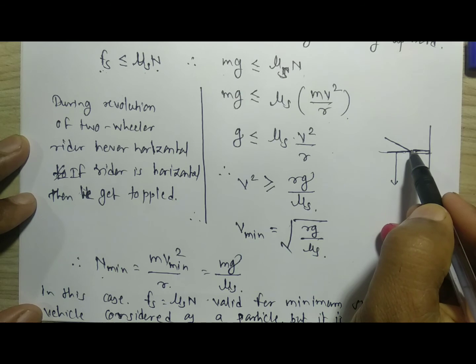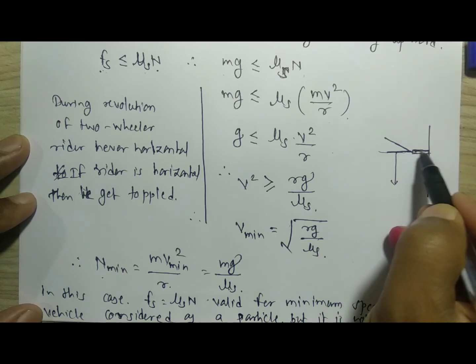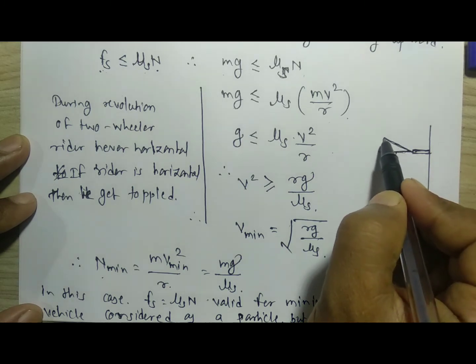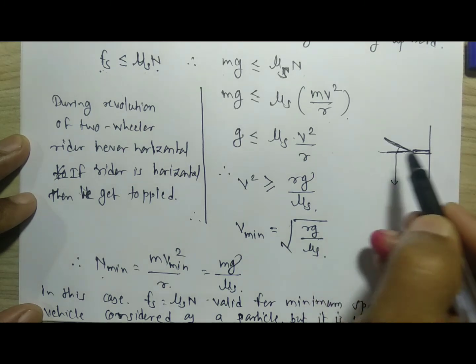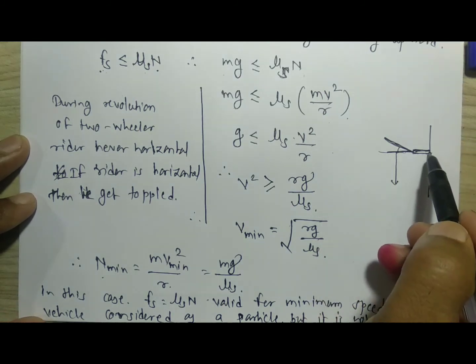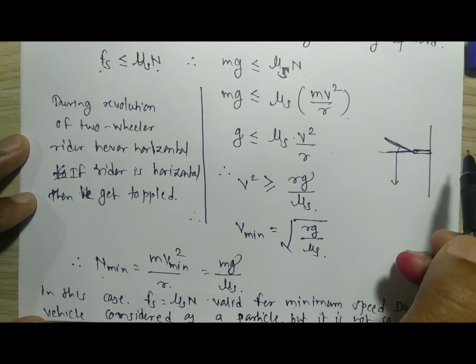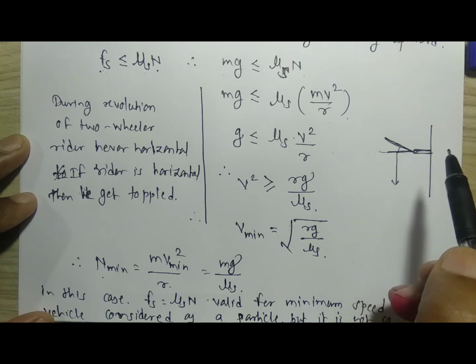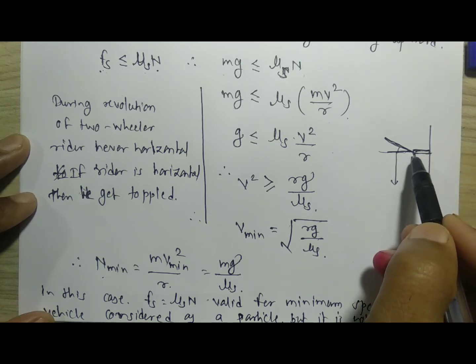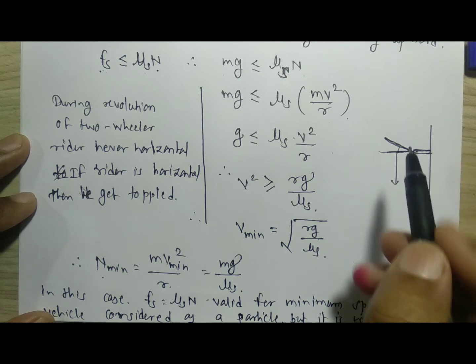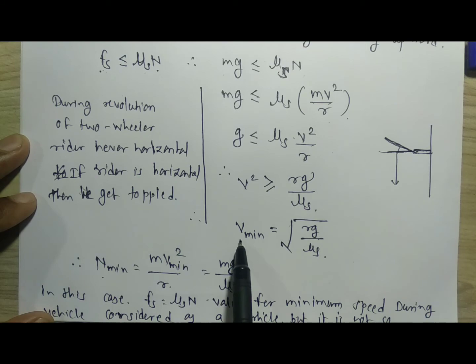But at that time, the rider in a wall of death on a two-wheeler makes some angle with the horizontal to prevent the toppling, and therefore in the wall of death, when a two-wheeler is moved on a vertical cylindrical wall of radius r, the rider of that two-wheeler makes some angle with the horizontal to prevent the toppling, and there will be a minimum speed.